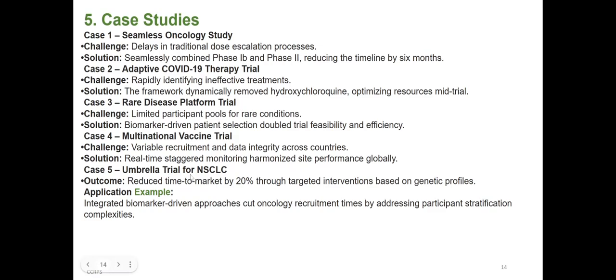Case 5, umbrella trial for NSCLC, reduced mortality by 20% through targeted interventions based on genetic profiles.